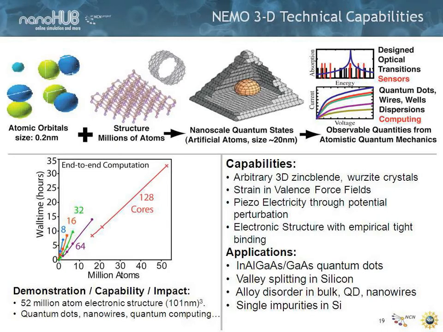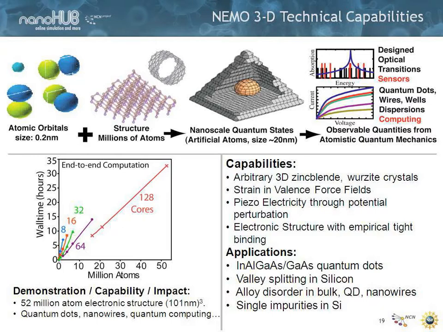So now that we can do this on a day-to-day basis, what we have been doing is really that we have a capability to have arbitrary 3D zinc blende and Wurtzite crystals. We can have strain and valence force fields. We can have piezoelectricity through potential perturbation. And we can have electronic structure with empirical tight binding.